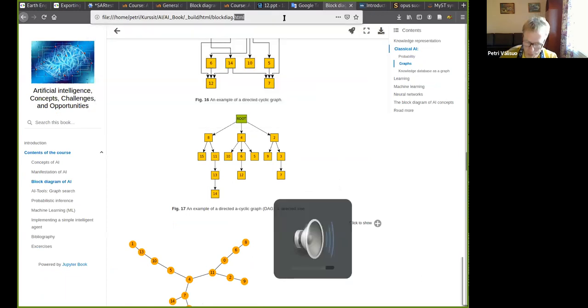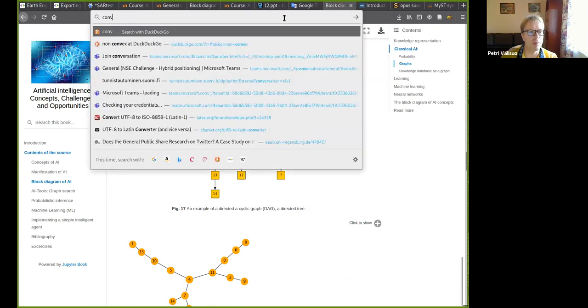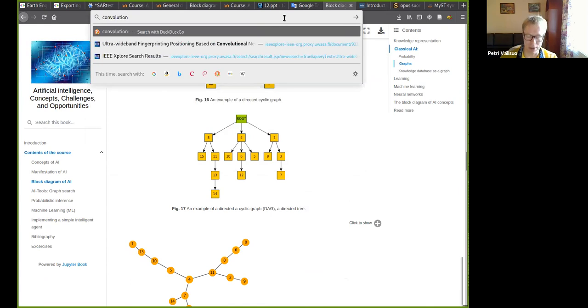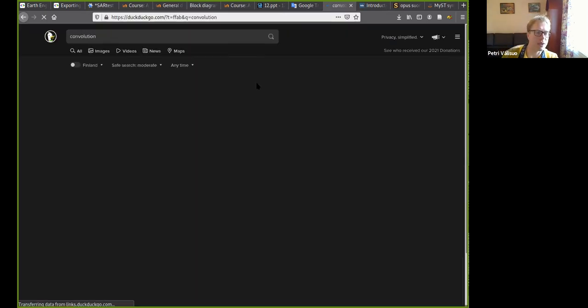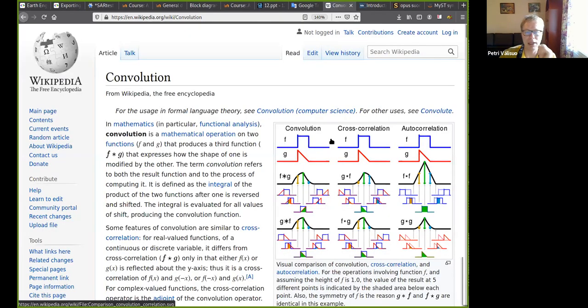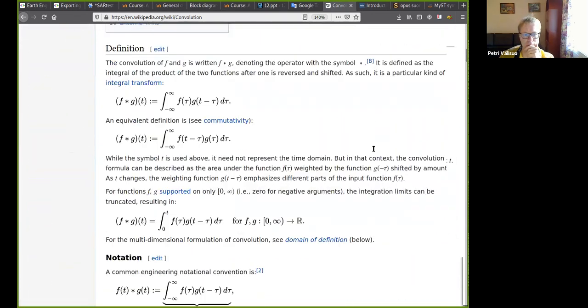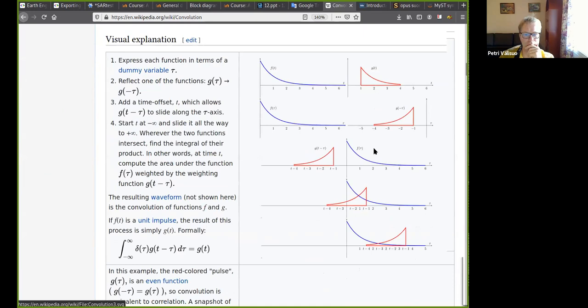Yeah, it would have been good if I would have in this material also a picture explaining this a little bit deeper. For example, what is convolution? I just take a look at if we had a very good example from here.